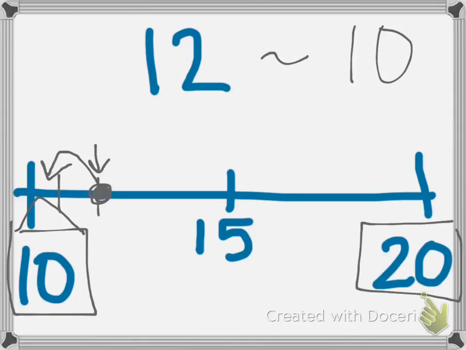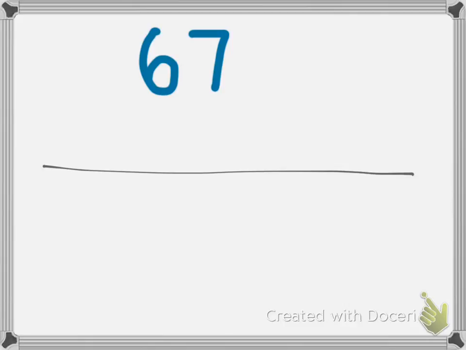Alright, let's try again with a different strategy. Here's my number. Let's go with 67. This is a strategy called the roller coaster strategy, and it's really cool, a little bit more challenging to draw, but let me show you. Instead of drawing my number line straight like this, I'm going to draw it like a roller coaster.